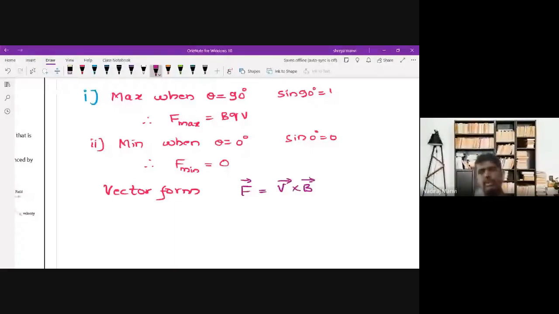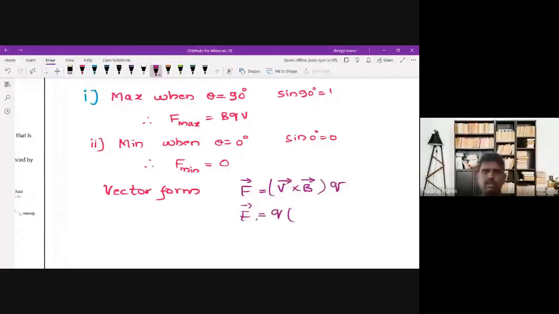So it depends. That's why, very, very important, when you write in vector form, it should be V cross B, and you know charge is a scalar quantity, into Q. Or you can write it as Q into V cross B also, either way.